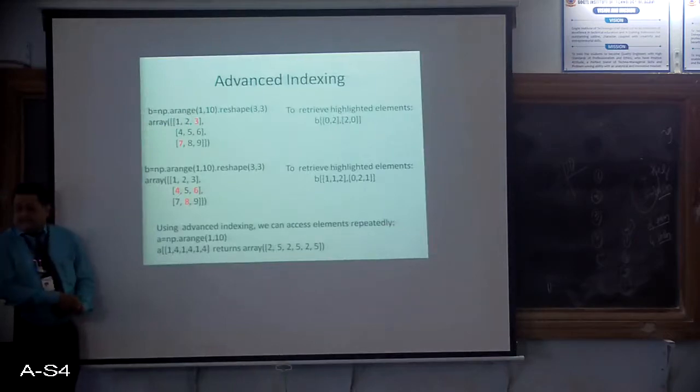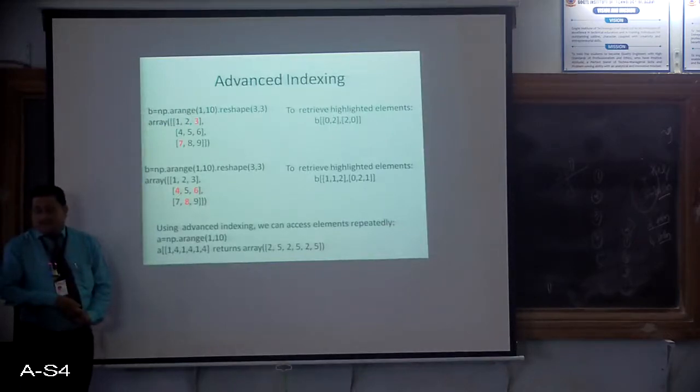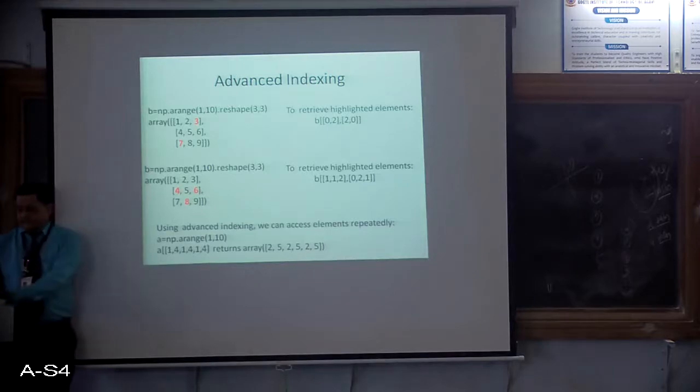Using advanced indexing, we can access elements repeatedly also. Okay, look at this example. A is an array containing elements 1 to 9. If I say 1 4 1 4 1 4, what is the element at index 1? It will be 2, and what will be the element at index 4? It will be 5.